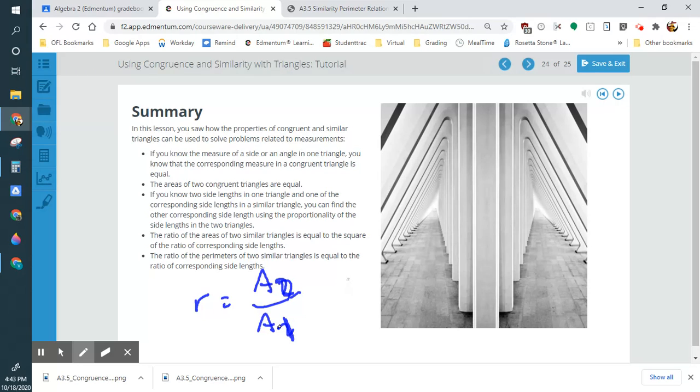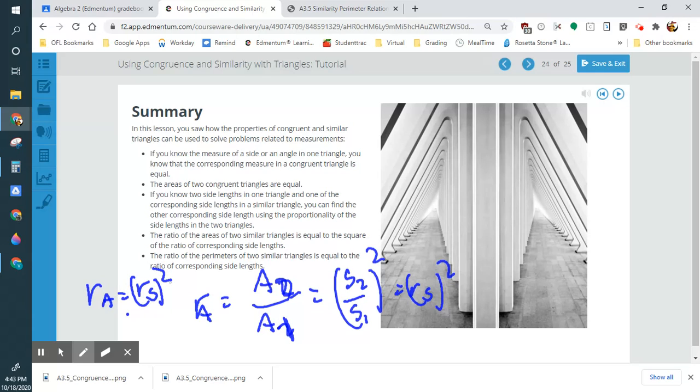New over old. Come on, Victor. It's going to be the sides of it squared. So the ratio of the areas is equal to the ratio of the sides squared.